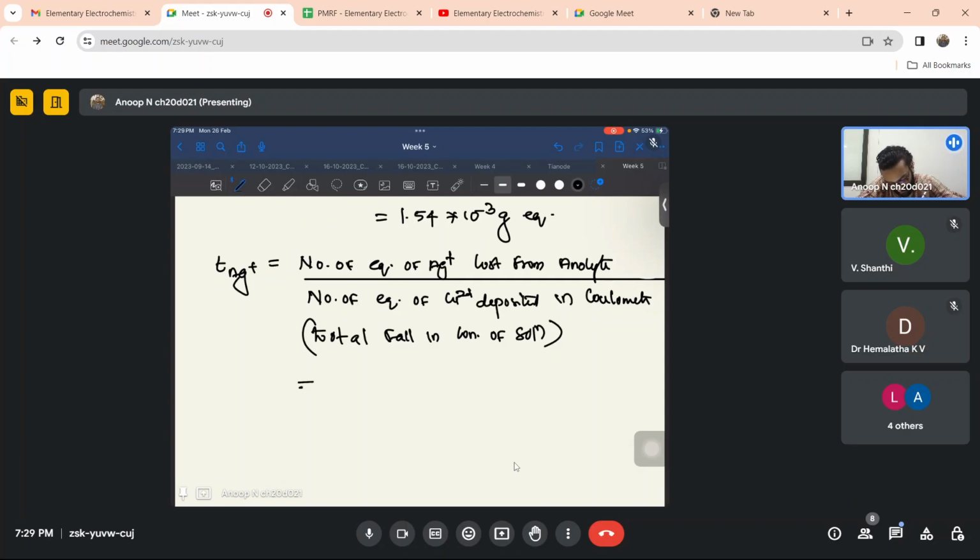So it can be written as 0.0006224 divided by 1.54 into 10 raised to minus 3. The answer will be 0.4042.